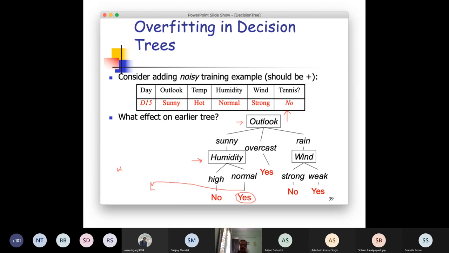You can choose any one of them, because it is the only data we have, let us assume. Say this is wind, then though humidity is normal, for wind, if it is strong, then I will say no, and for weak, then I will say yes. So this is one possibility, just to take care of this part.